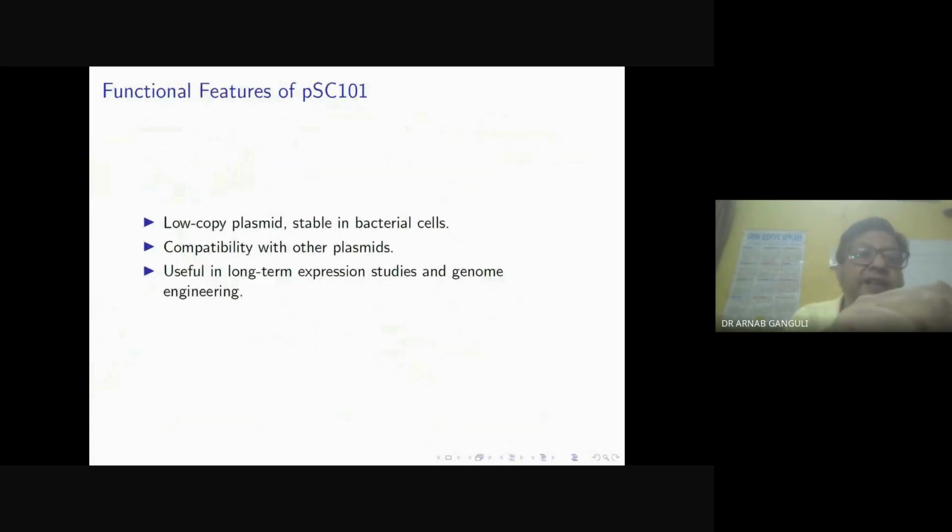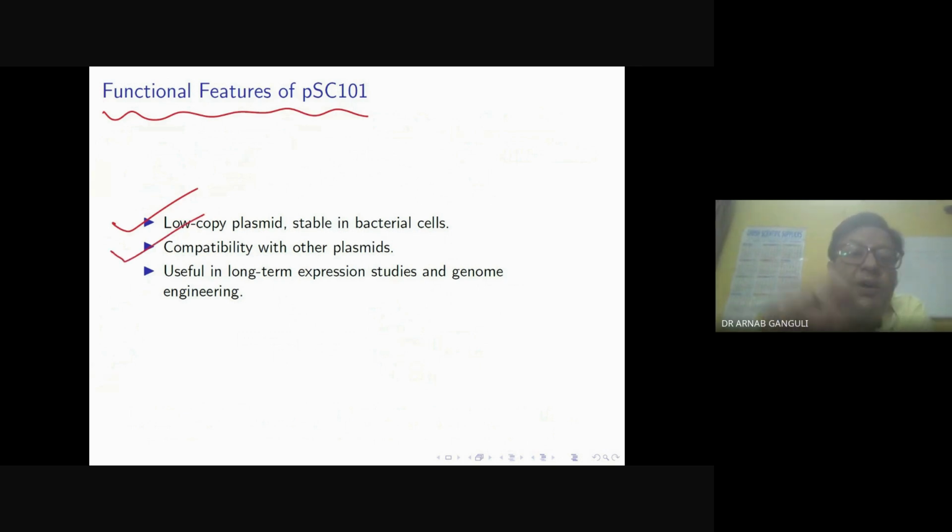The functional features: it is a low copy plasmid, it is stable in bacterial cells, and it has compatibility with other plasmids, so you can transform with other plasmids. It is useful in long-term expression studies and genome engineering.